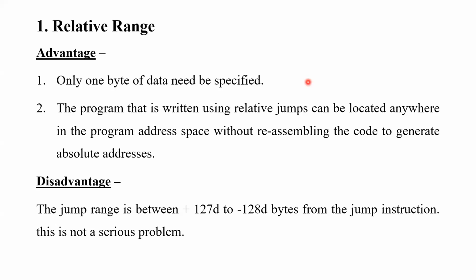It requires only 2 bytes: the first one is the opcode, the second one is the address. The byte of data is nothing but the relative address, and that relative address is only between plus 127D and minus 128D, because we need only 8 bits to address this range. That is one of the advantages of relative range.